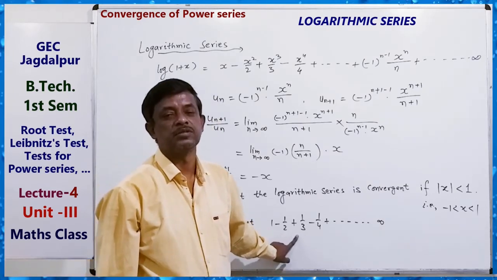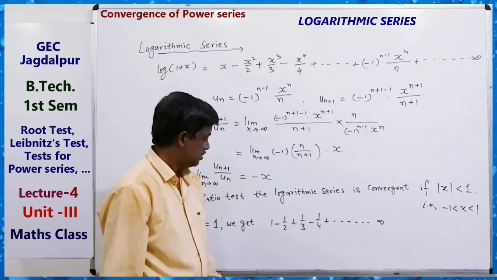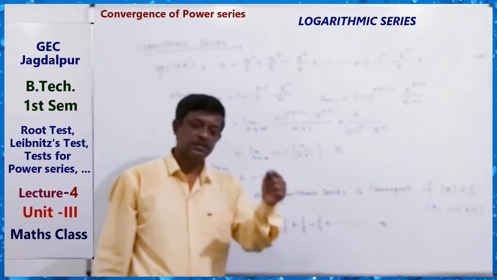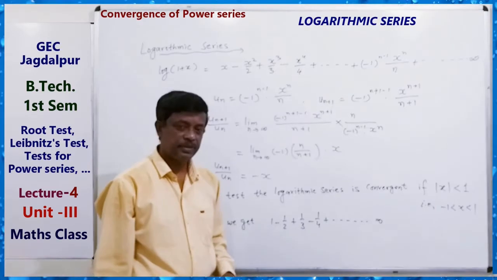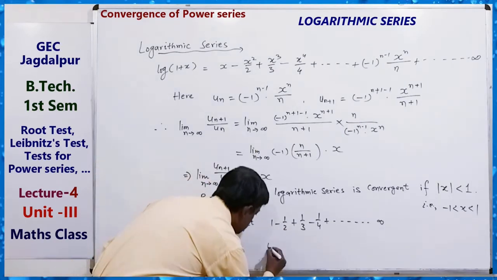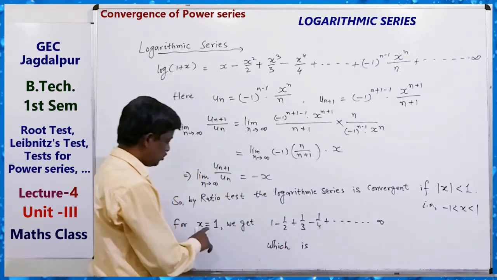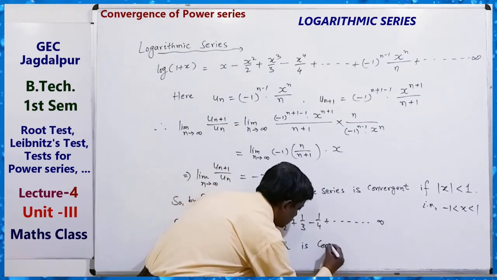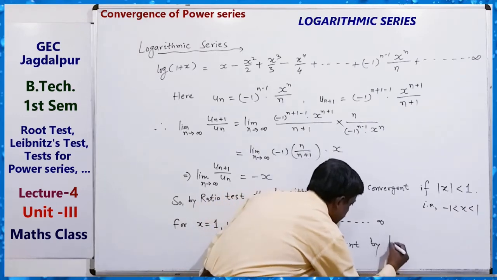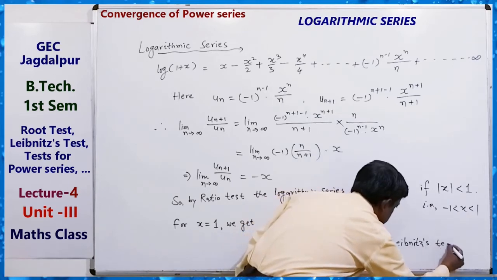An alternating convergent series. Because alternately the sign is positive and negative, each term is numerically less than the preceding term, and 1 by n tends to 0. So for x equal to 1, it is convergent by the Leibniz test.